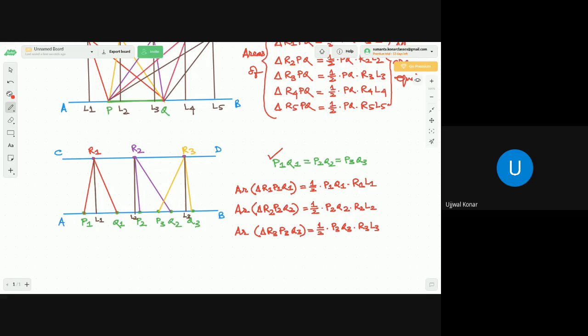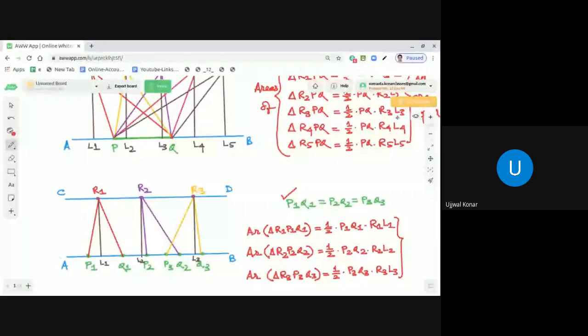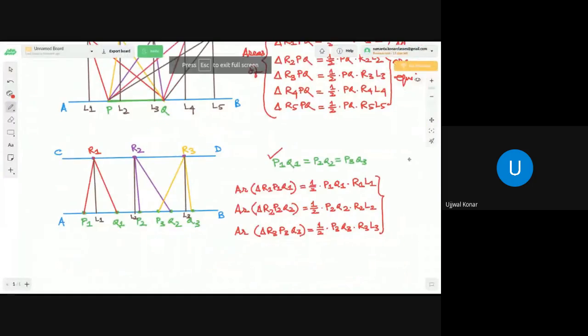R1 L1 is perpendicular to both AB and CD, R2 L2 is perpendicular to both AB and CD, and R3 L3 is perpendicular to both AB and CD. So hence R1 L1 should be equal to R2 L2 equal to R3 L3. So the areas of all these triangles, dear students, are equal. Do you agree to me? Any doubt here? Or absolutely clear, dear students?